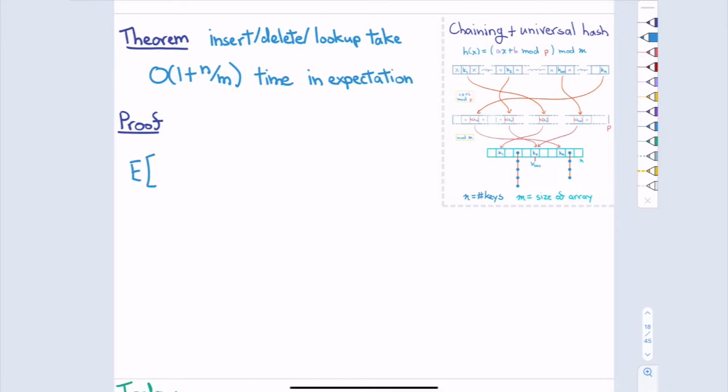What is the expected number of keys colliding with, let's say I want to insert some key k? The number of keys colliding is going to give me the length of the list. That's all we're trying to analyze, and that'll give us our expected running time.